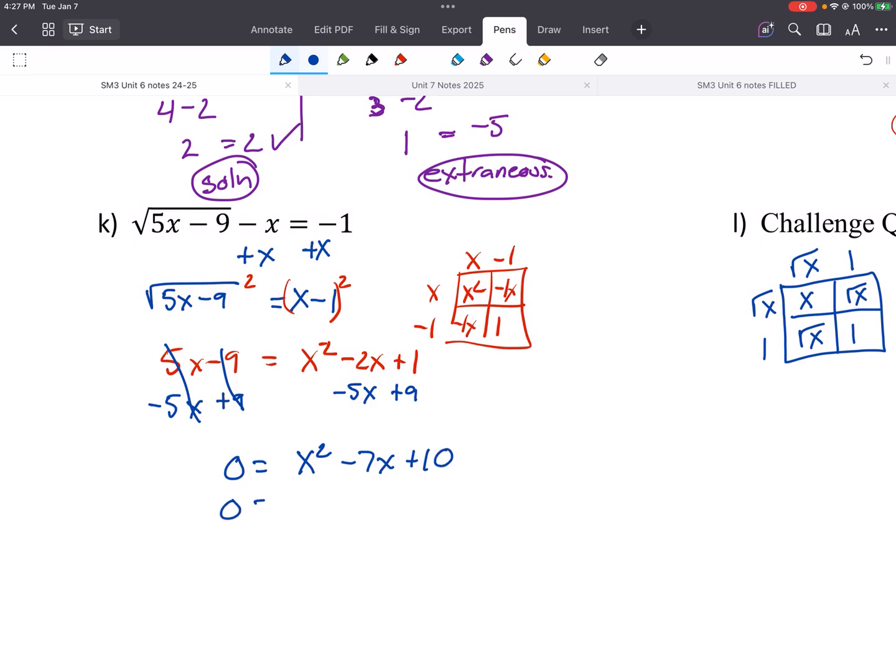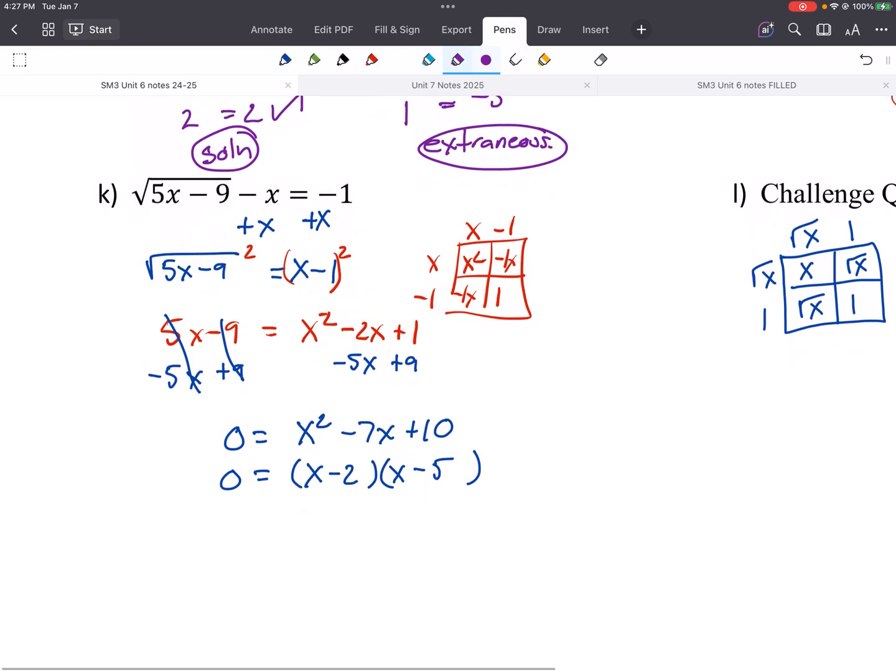And then factor. So what can multiply to 10 and add to 7? That'd be x minus 2 and x minus 5. And then we'll just need to check. So checking, we'll plug those in exactly with the original equation. So, oh sorry, I forgot this part, x equals 2 and 5.